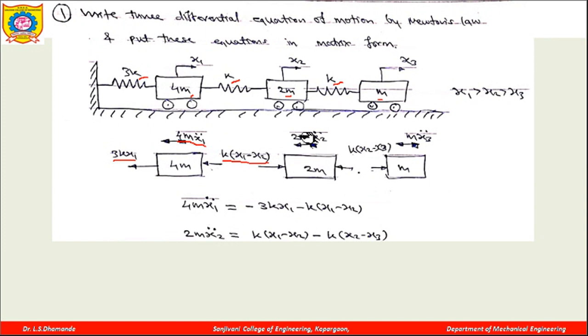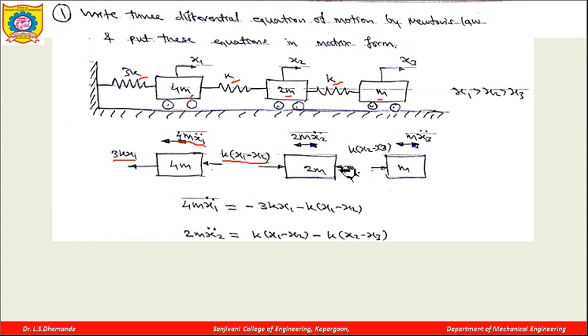Similarly for this block 2m, its motion is towards right, so the inertia force will be towards left: 2m into x2 double dot. The spring force from the first spring will be in the opposite direction on this mass, with the same magnitude, k into (x1 minus x2). And here again, towards left, will be k into (x2 minus x3).